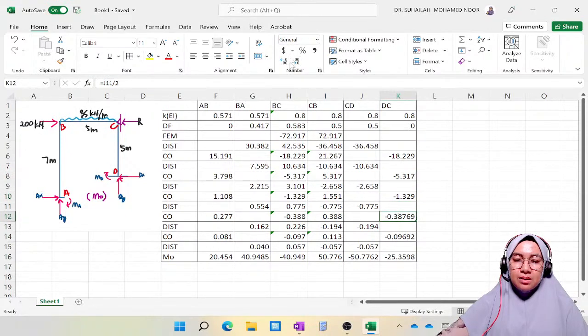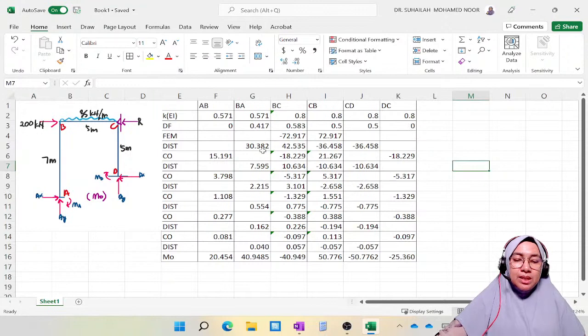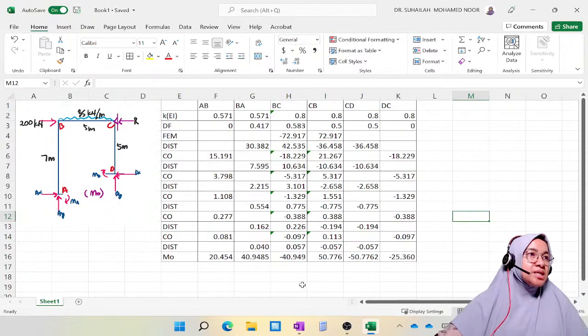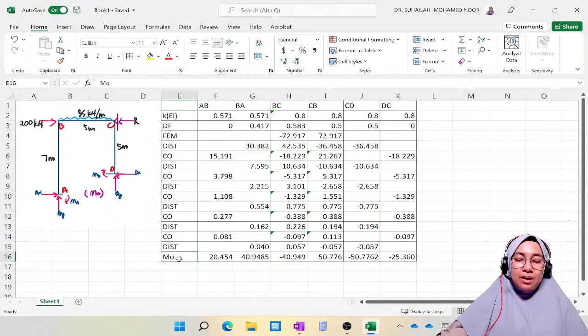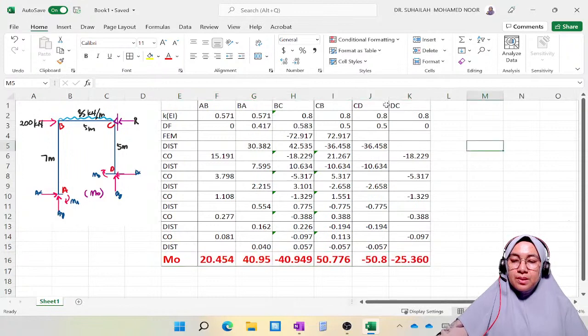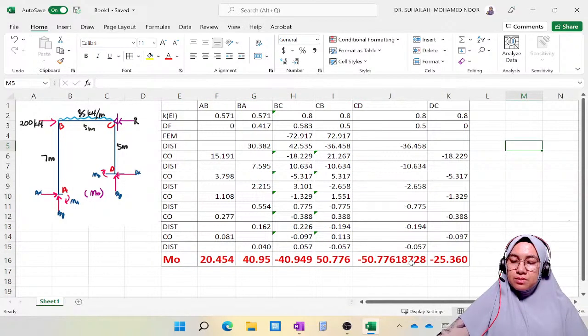all has end moment because A and D both are fixed ends. So this is actually table number 1. In table number 1, we get M naught as the end moment.